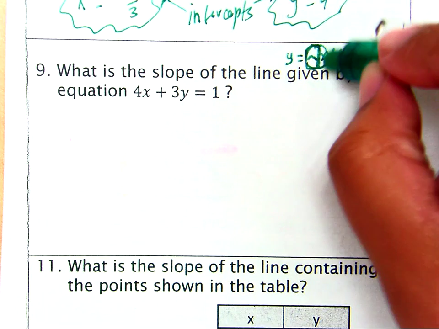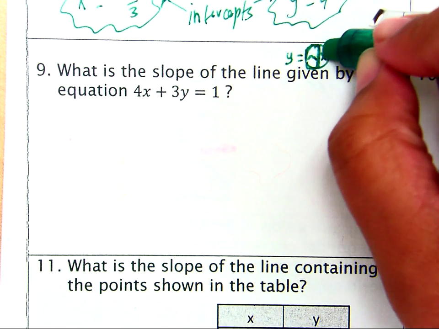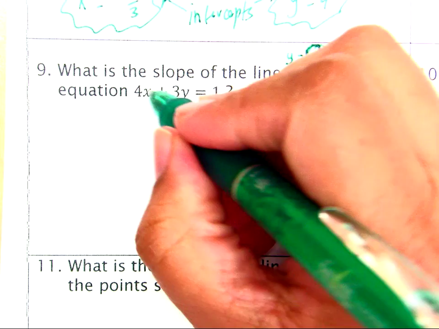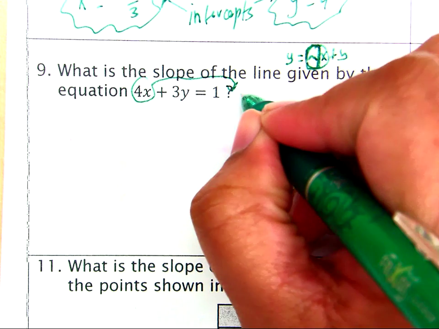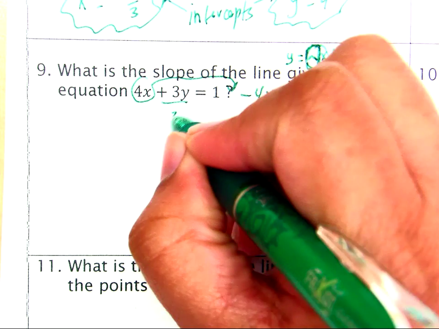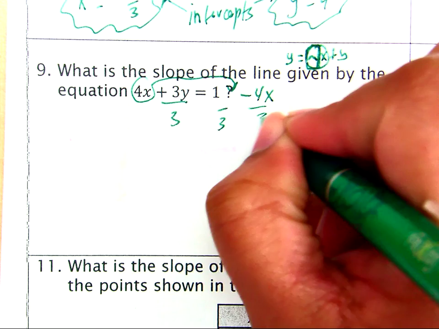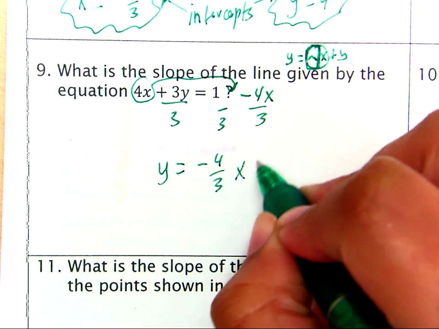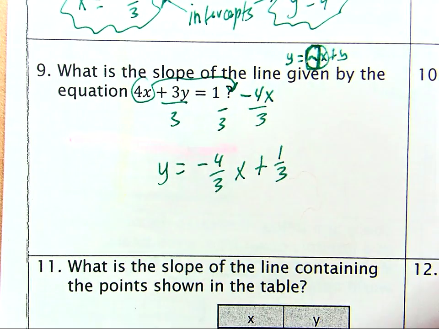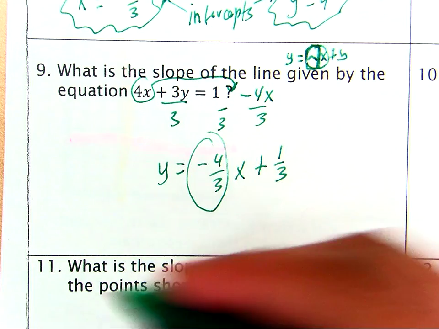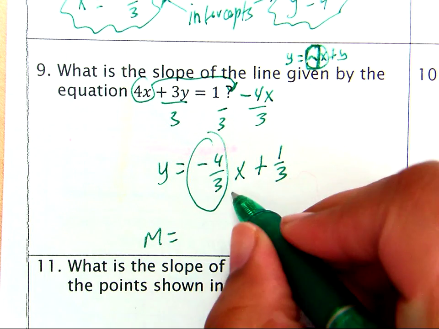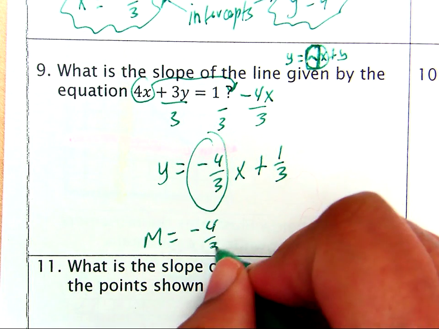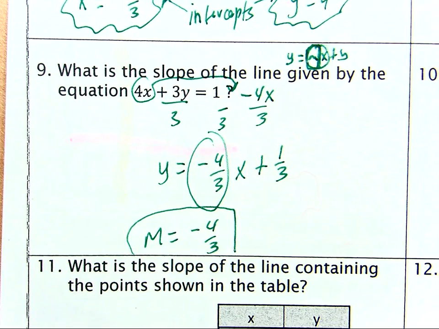No x in that. So, move the x, change the sign, divide by the number in front of the y. Don't forget to simplify. Where's the number in front of y? So x is, in front of x. So our slope is equal to negative 4/3.